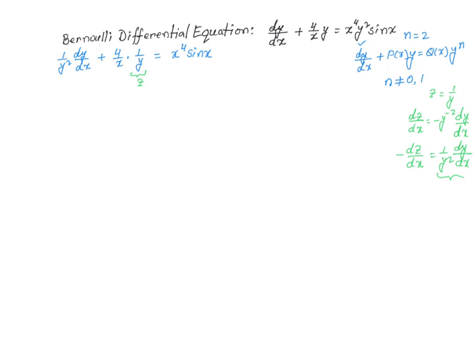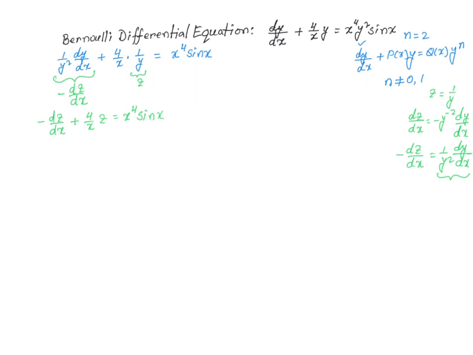Now please note that this is the same as this. So if I do the substitution, I get negative dz over dx plus 4 over x times z is equal to x to the power 4 sine of x.